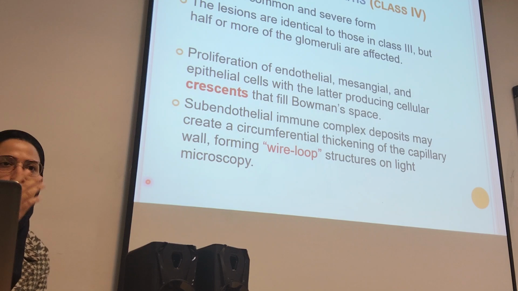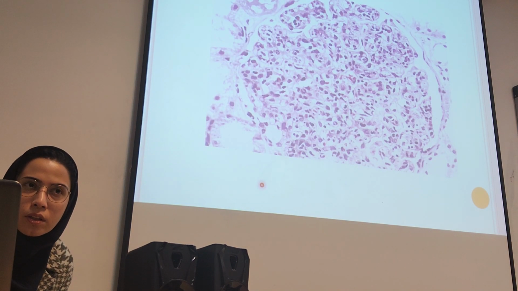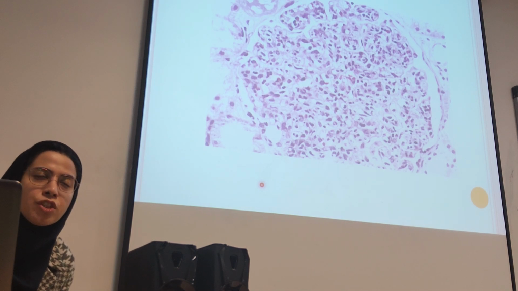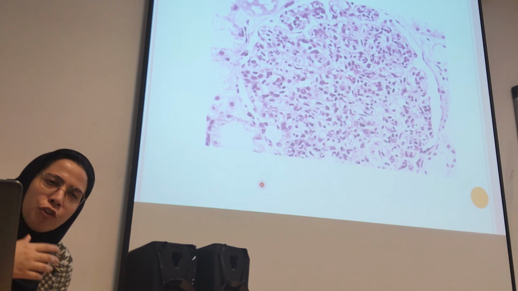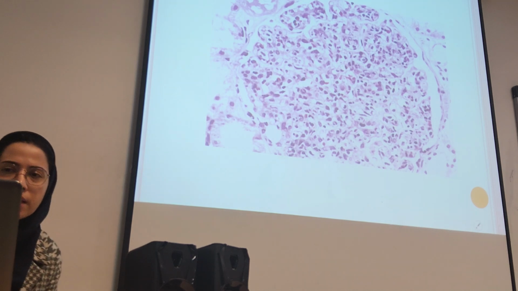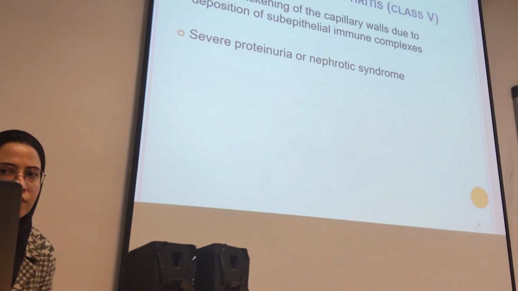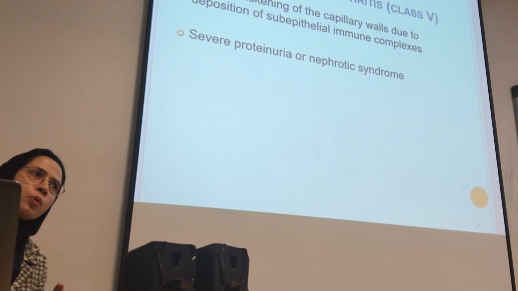In class 1 and 2, there are no changes in capillaries. We have changes in mesangium, but in 3 and 4, capillaries and mesangium. And class 5 is membranous lupus nephritis, which involves capillaries only.